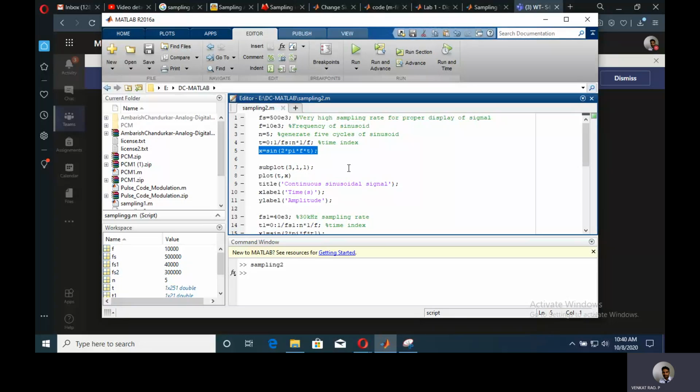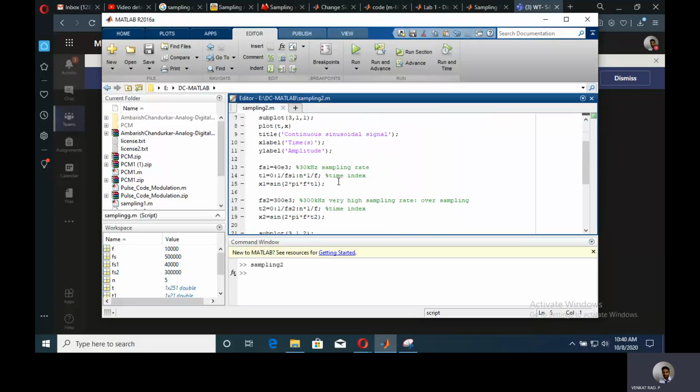In that sampled signal, we are going to verify the different conditions of sampling, and also verify the sampling condition and all the outputs of the sampled signal for different conditions of sampling, like undersampling, oversampling, and critical sampling, etc.